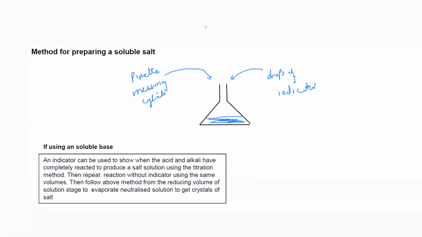Then you will use a burette and fill this burette with an alkali. There's a tap at the bottom, and you will fill. The scale top is 0.